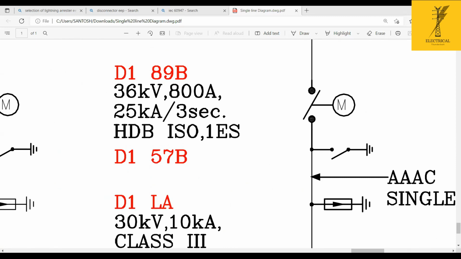What does a disconnector mean? A disconnector, or disconnector switch, or isolator switch, is generally used to ensure that an electric circuit is completely de-energized for service or maintenance. Let's go back to our single line diagram.